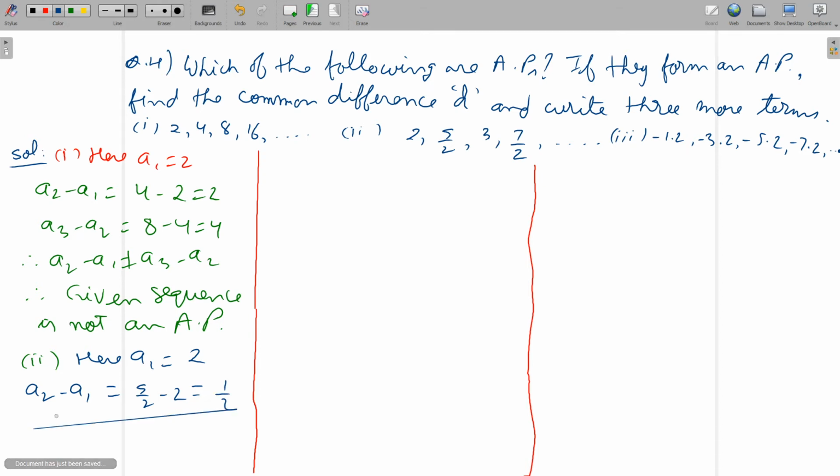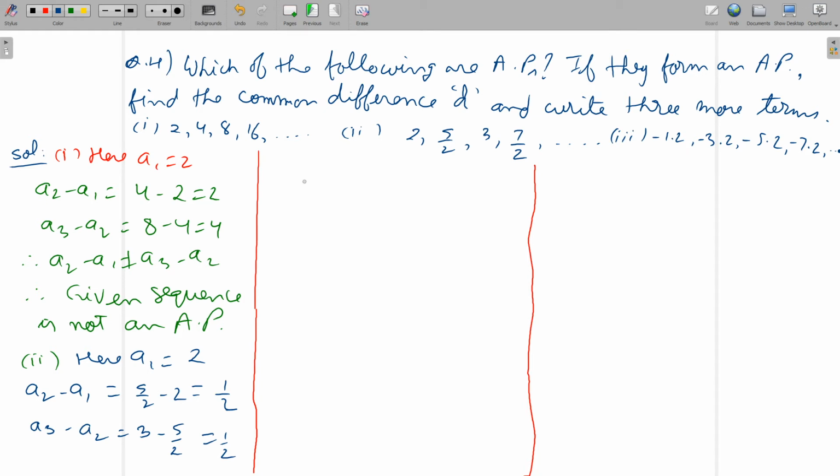So next we'll find the difference of A3 and A2. A3 minus A2 is equal to 3 minus 5 by 2. So 3 minus 5 by 2 will give you 6 minus 5 by 2, that is 1 by 2.